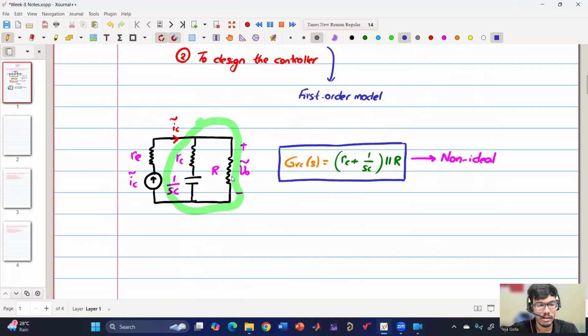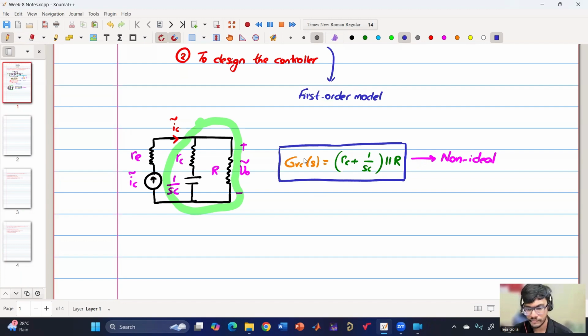So if we take a practical buck converter, even if it has series inductance, because current is flowing through it, the V0 expression is not dependent on RL, but it is dependent on RC, 1 by SC, and R. So can you simplify this expression and let me know what the GVC expression is?